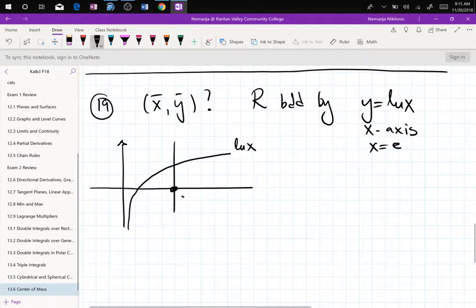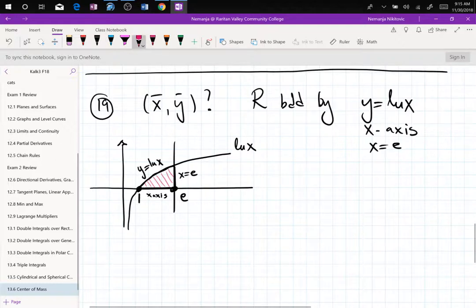This is where 1 is. And we have the x-axis. So here is the x equals e bound, here is the y equals ln x bound, and the x-axis bound. So we are looking at this triangle-like shape. It's not a triangle, obviously, because ln x is a curve.